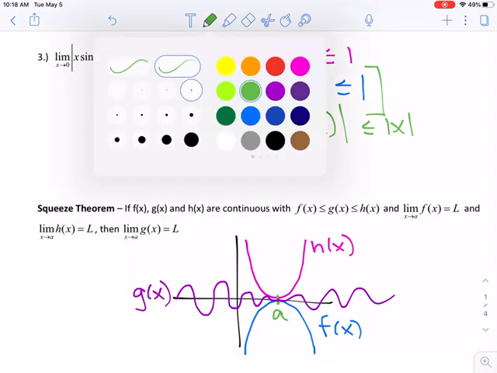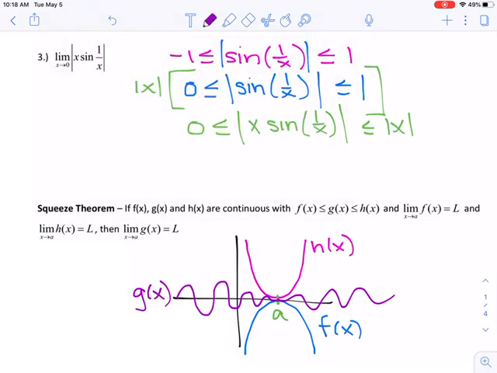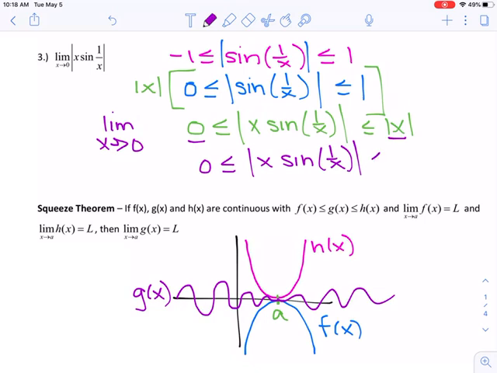If my x is approaching 0, then I apply my limit as x approaches 0. Well, 0 is going to approach 0, and the absolute value of x is also going to approach 0, which shows me that when I squeeze, my absolute value of x times the sine of 1 over x, if it has to be in between 0 and 0, my limit is going to be 0.